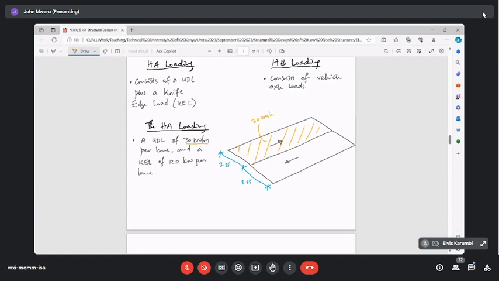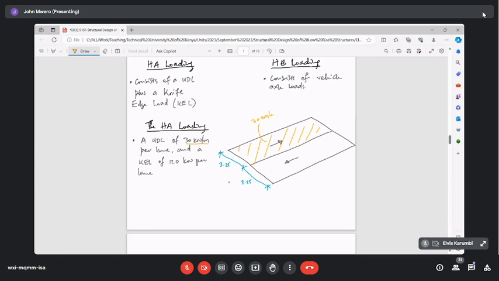Of course, there's a limit to how many meters you can apply this before it starts reducing, but I'll not go into that because I'm just introducing this concept. I don't want to say too many things, so that you don't lose your thoughts on it. So this is the UDL. It's applied on the lane at a rate of 30 kilonewtons per meter of the length of the lane.